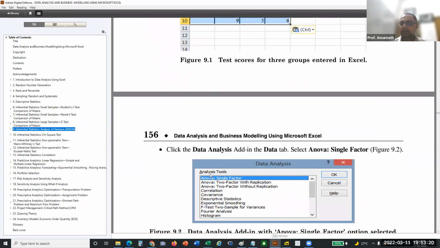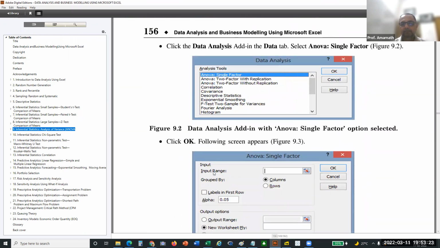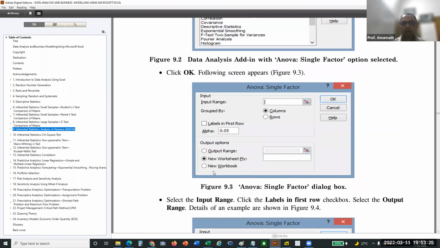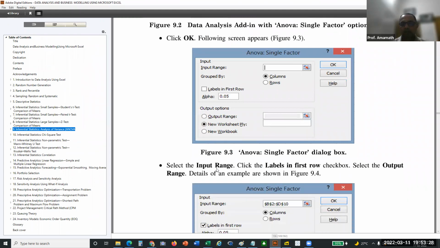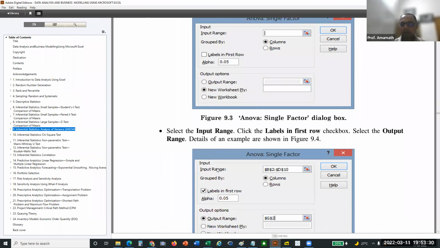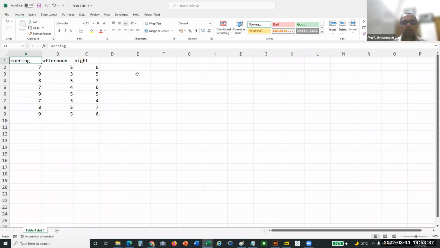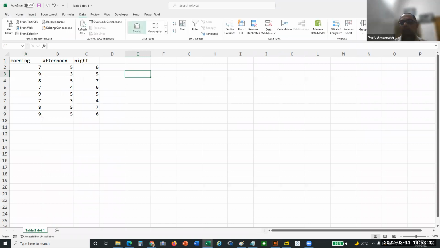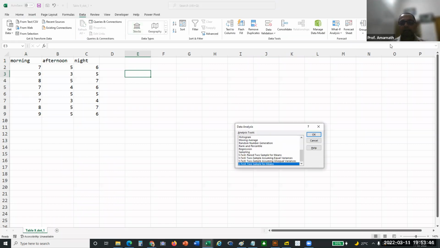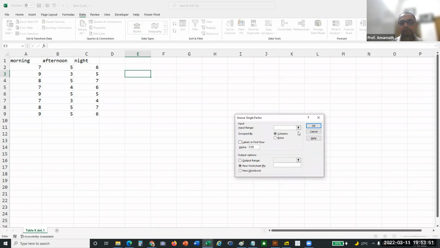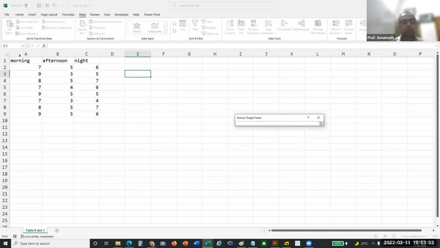I select the ANOVA single factor. So the input range I have to give. It's grouped by columns, labels in first row, output range. Let us try to do this. I go to Data Analysis, go up here, ANOVA single factor, put the range.